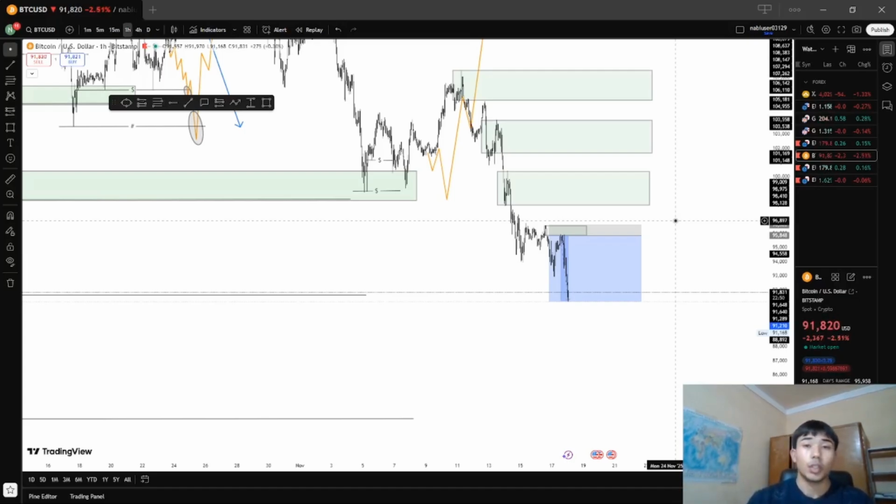After that, identify your 4 hour bias and 1 hour, 15 minutes. And on the 15-minute and 5 minute time frames, you identify your entry levels after the price reaches one of your 1 hour or 4 hour key zones. So you make a concise and precise, I mean sniper, entry, and you get into the trade.